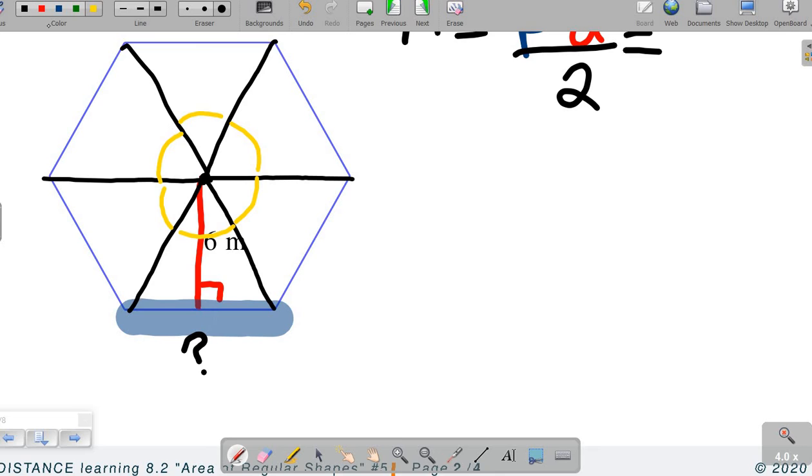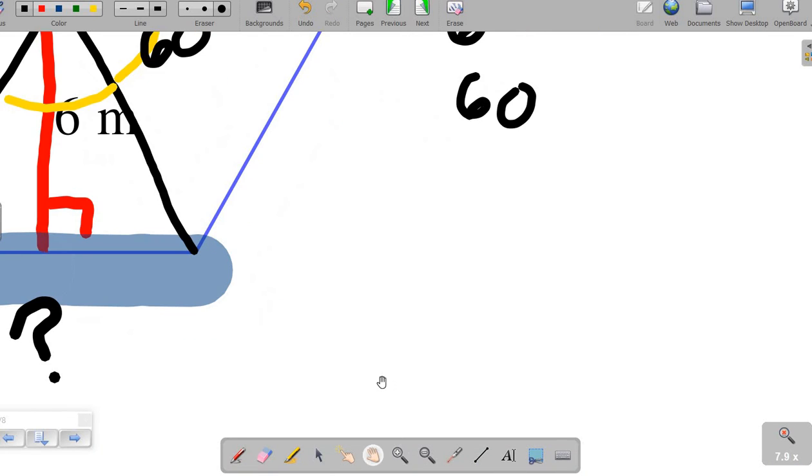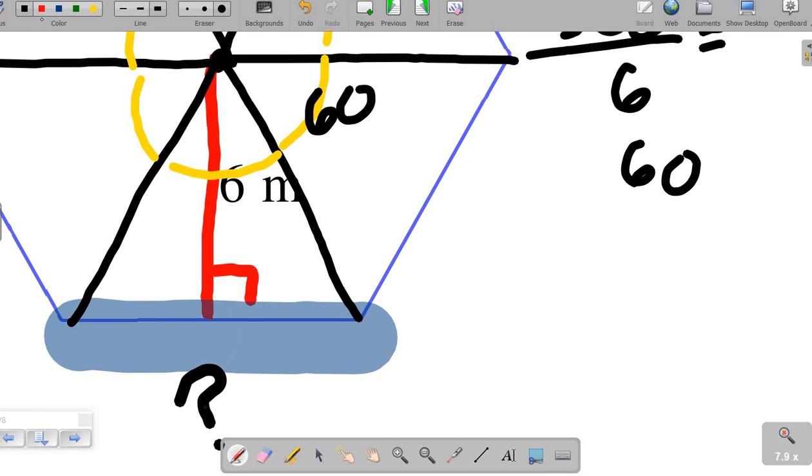To find that central angle, it's basically 360 divided by 6, of course, which is 60. This is 60, which forces this angle right here to be 30.